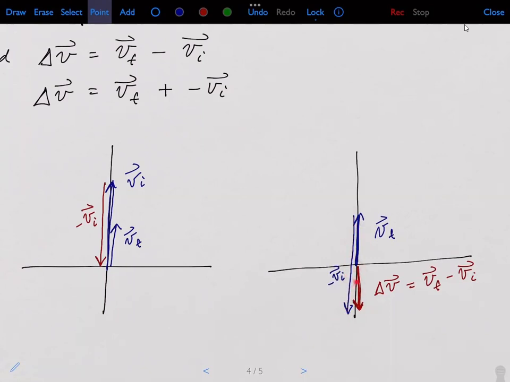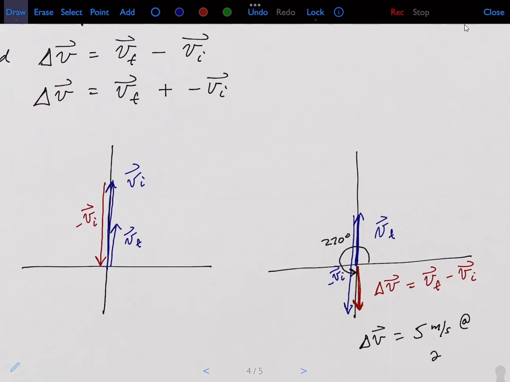Well, its magnitude is going to be 5 meters per second. And what's the direction? The delta v is going to be 5 meters per second at, and since it's pointing straight down, if I measure this angle, it is 270 degrees, right?